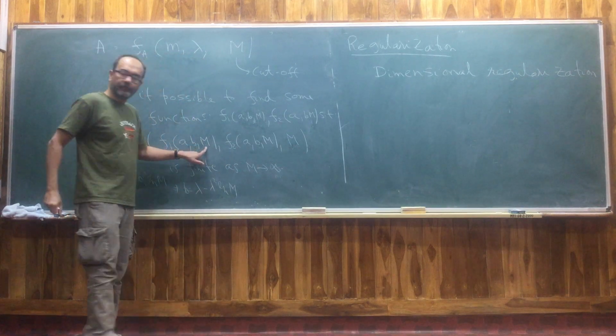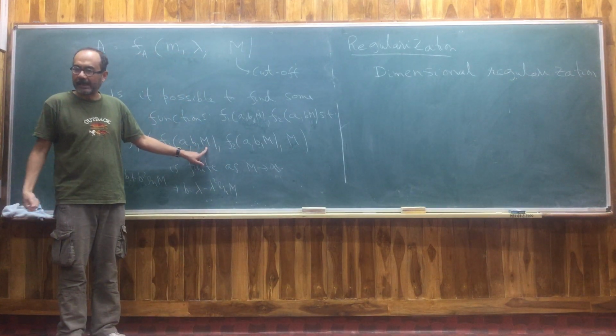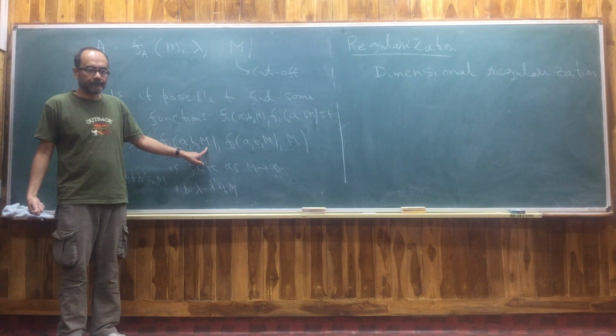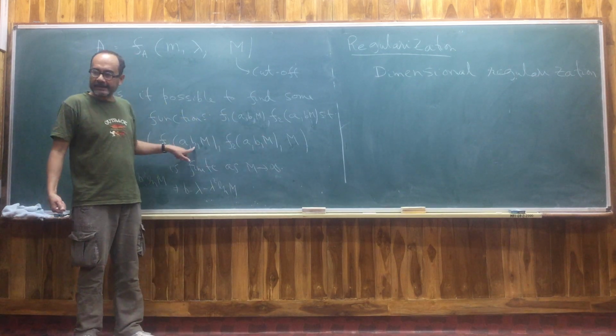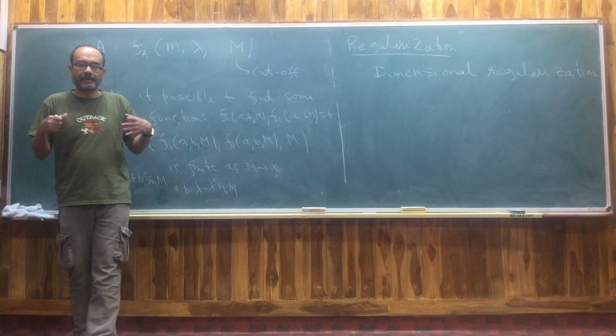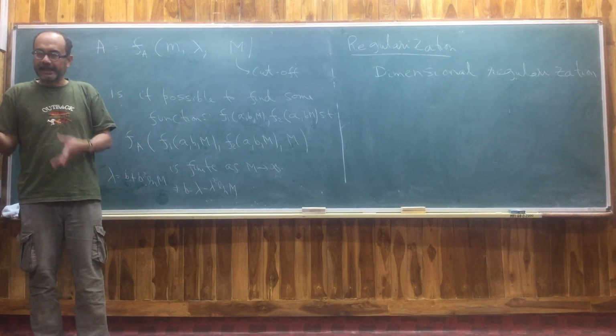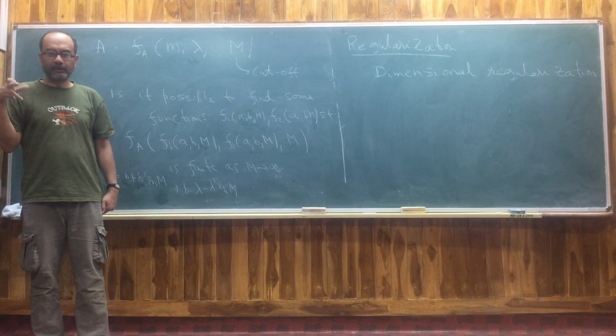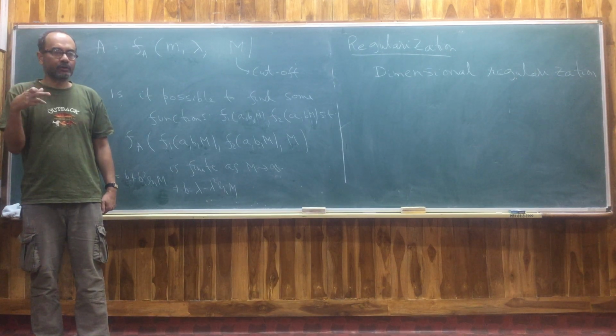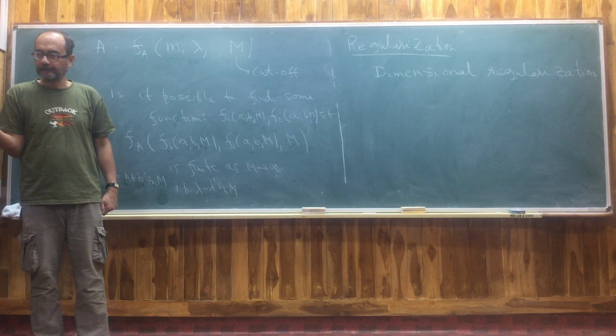The role of m will be played by d, the dimension of space-time that you are working in. After you have calculated this and expressed the physical observables in terms of a and b, then we will take the d goes to 4 limit. And we will try to see that in the d goes to 4 limit all divergences cancel.